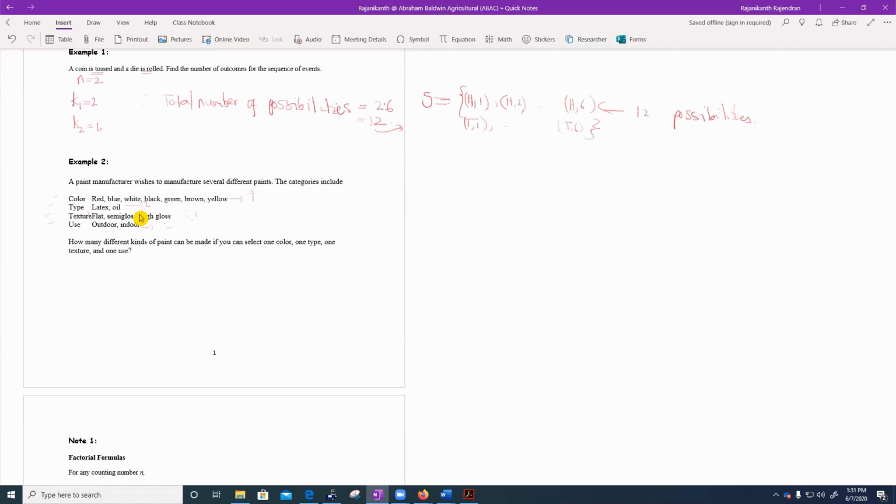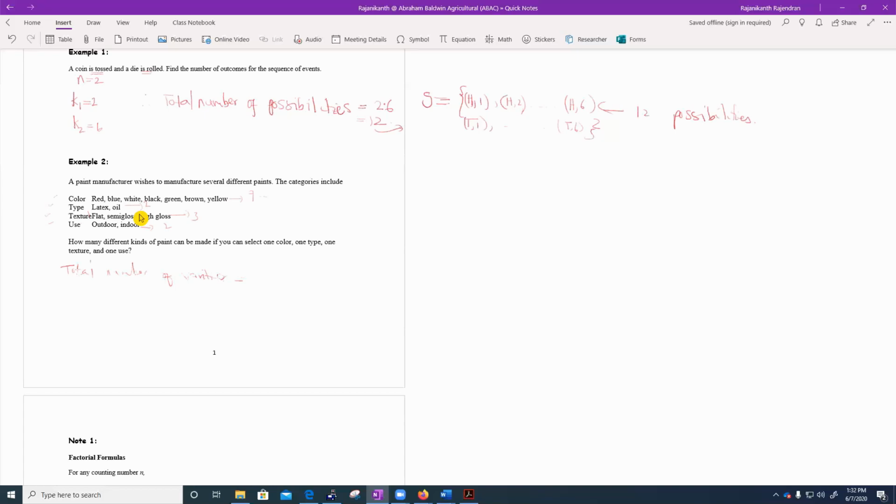So in total, if you mix all the combinations, you will have a different variety of paint. The total number of varieties is simply, here I have four events, right?